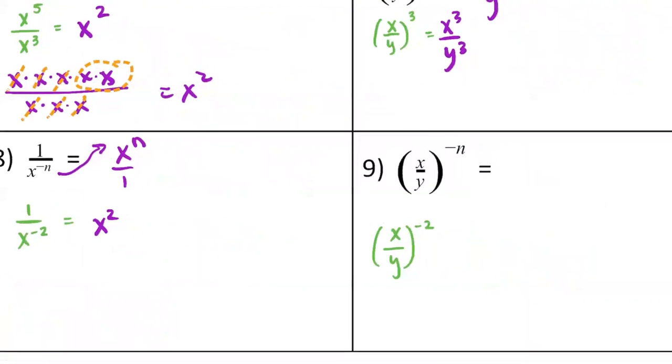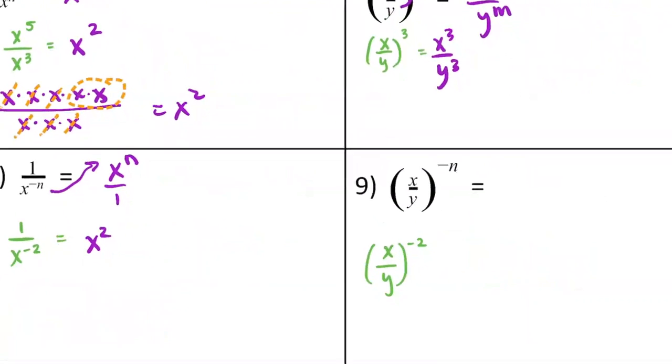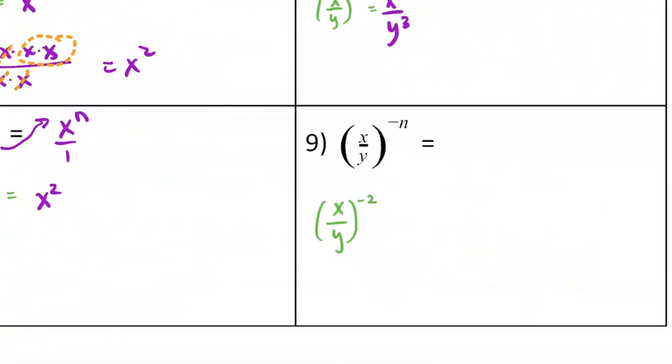All right, so we're going to combine some rules here. What if you had a quotient to a negative exponent? The final answer, the y here, would move to the numerator, to the n power, and the x would be in the denominator, to the n power. So let me show you why that works.